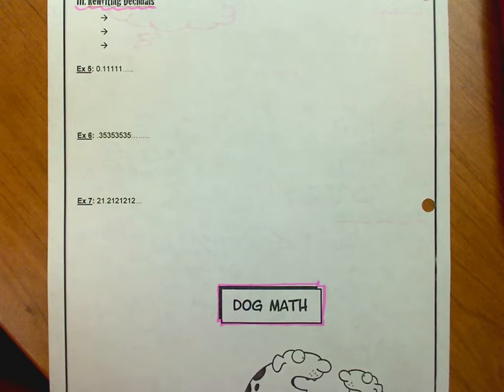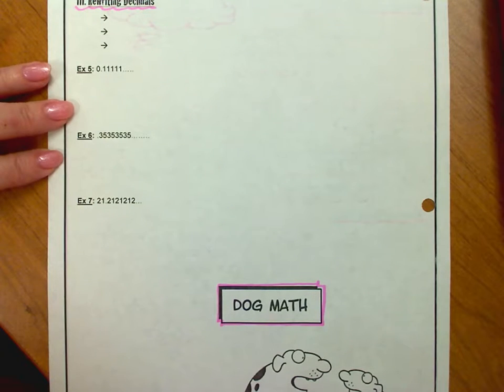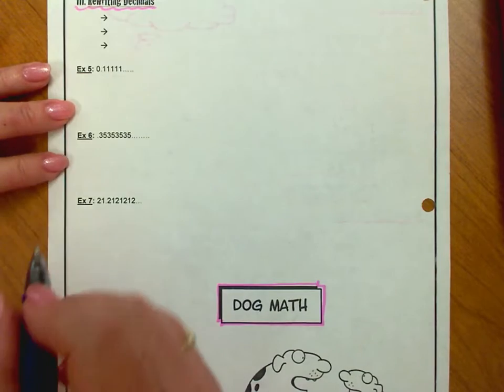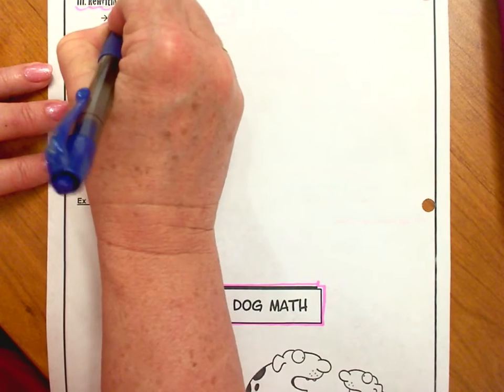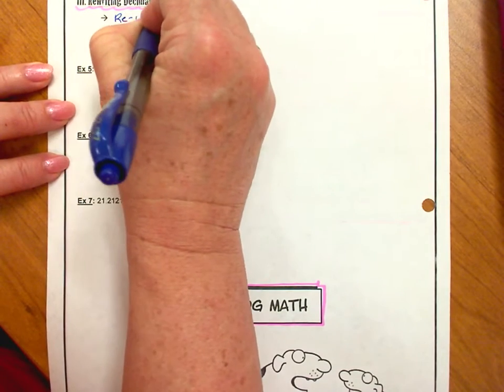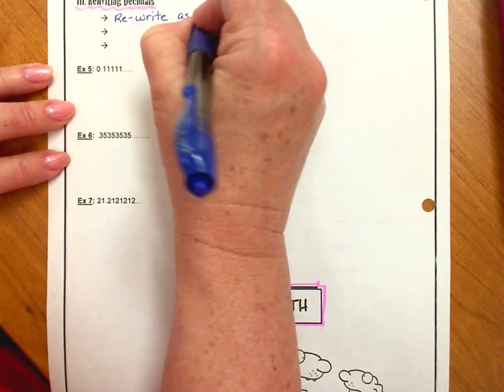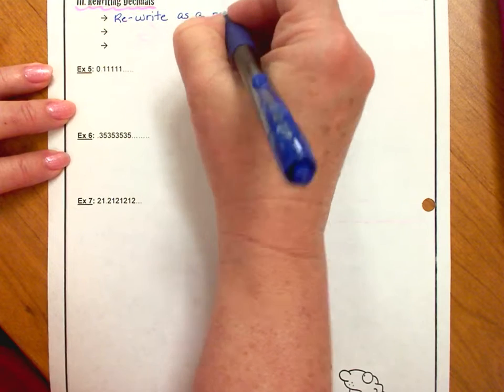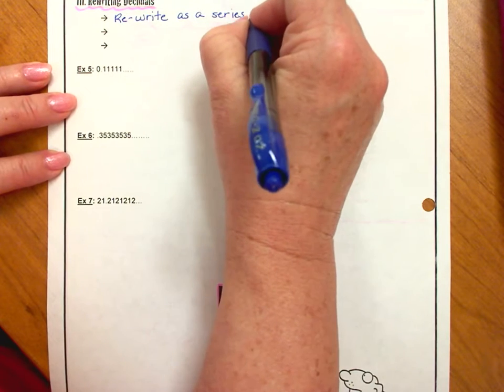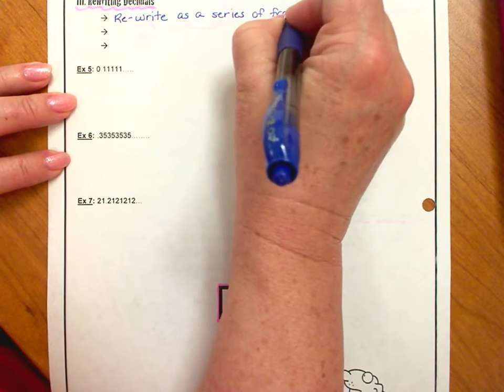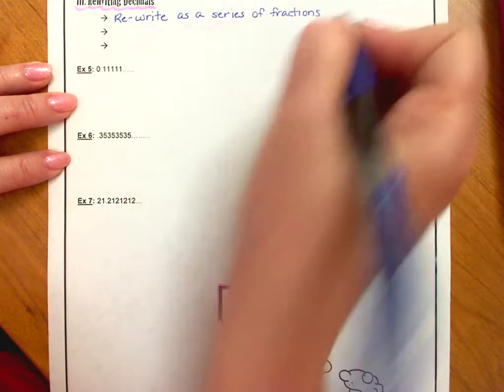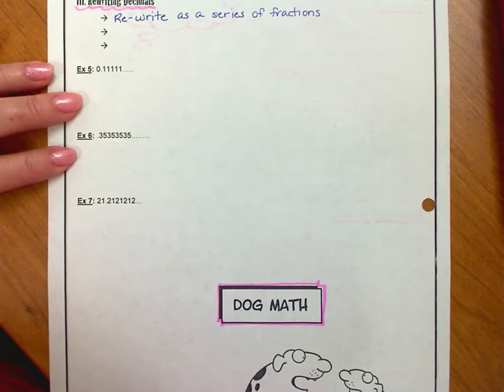We have 3 steps. Okay, the first thing we're going to do is take our fraction and rewrite it as a series of fractions. And you should probably write this down because I guarantee you won't remember it. So rewrite as a series of fractions. And we're dealing with decimals, so you're going to have to be able to change those to a fraction.